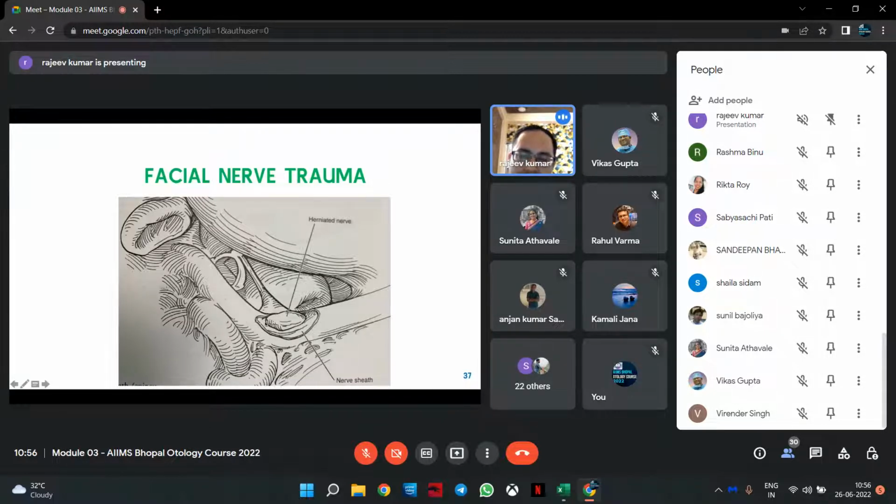You can see it is bulging out, a herniated, edematous nerve, and this is the nerve sheath. So these are canal wall up, facial recess, posterior tympanotomy injuries. Some surgeons routinely employ facial nerve monitoring, but not all. But still there is a chance for facial nerve trauma.